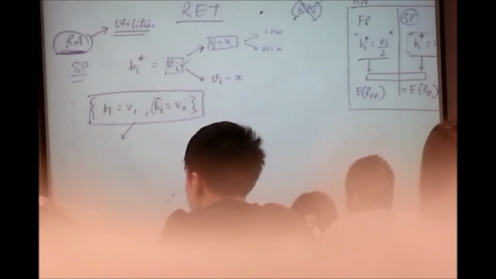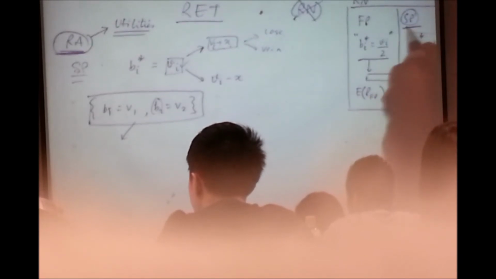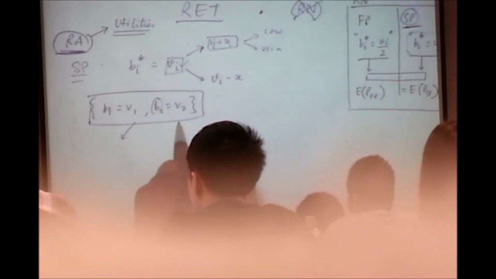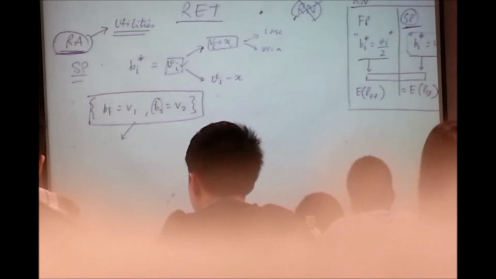And therefore, the revenue that you get from the second price auction with risk neutral bidders and with risk averse bidders will be the same. Whether bidders are risk averse or risk neutral does not matter to you if you are conducting a second price auction.